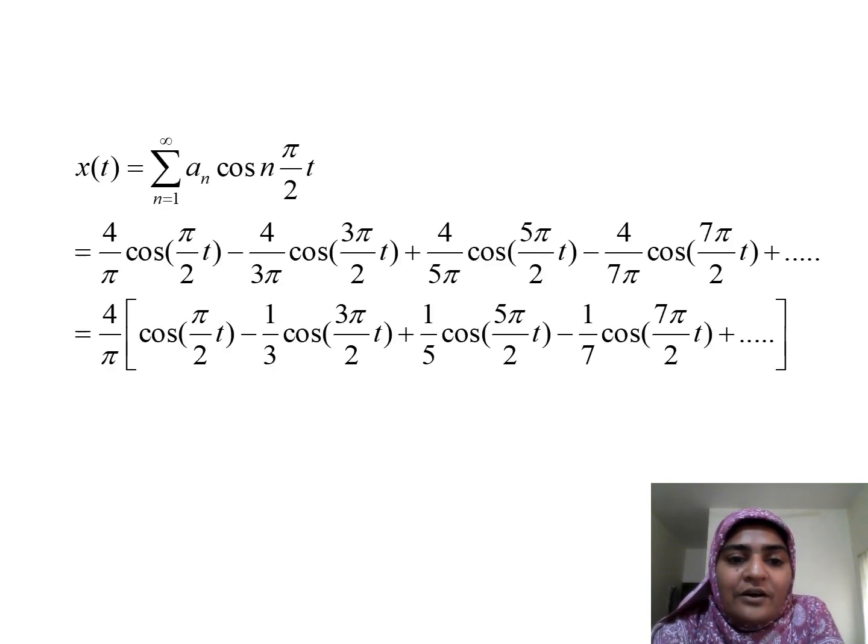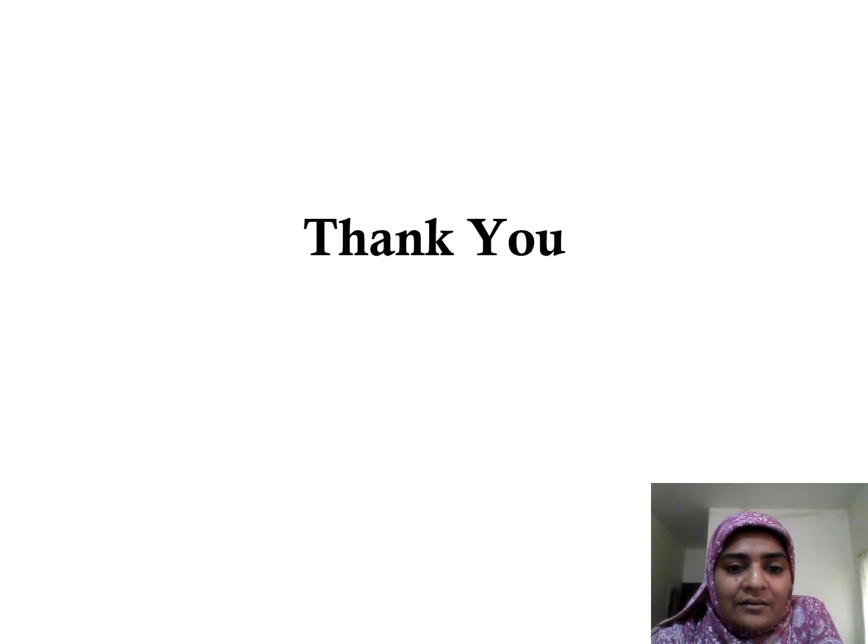So we have got A0 equal to 0 and we have the expression for An, and Bn's are 0, and the equation will reduce to only this term: sigma n equal to 1 to infinity An cos n pi by 2 t. Substituting 1, 2, 3, etc., the first term we will be getting is 4 by pi cos pi by 2 t, and the second term, so that's how we get the whole series.